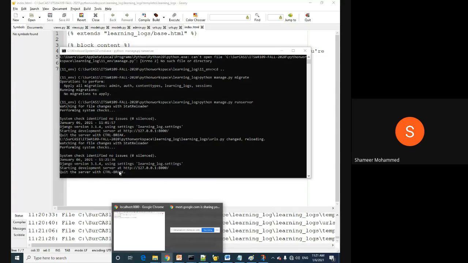When you read here, you can take the necessary action: which line, which file, or which program you are getting the error in.